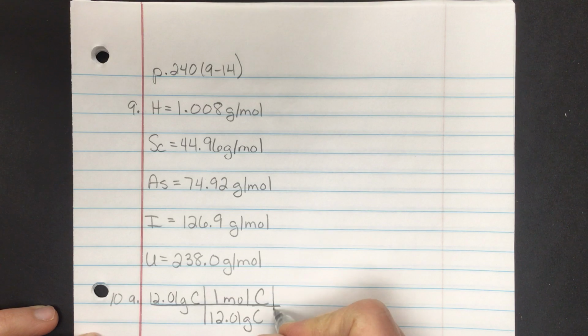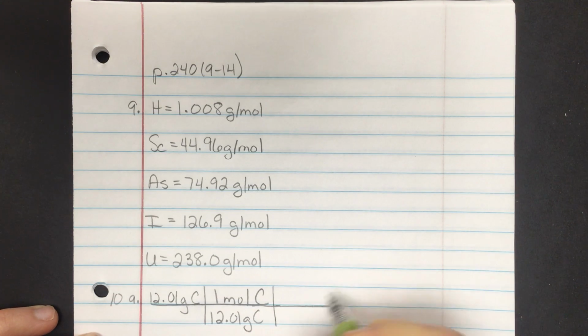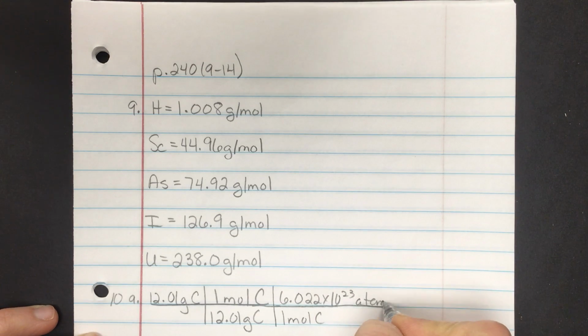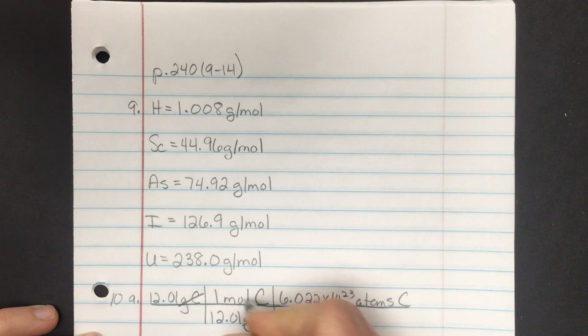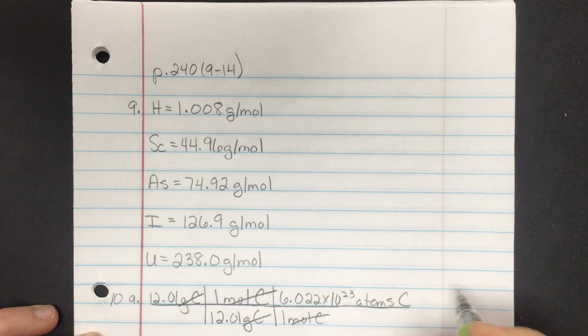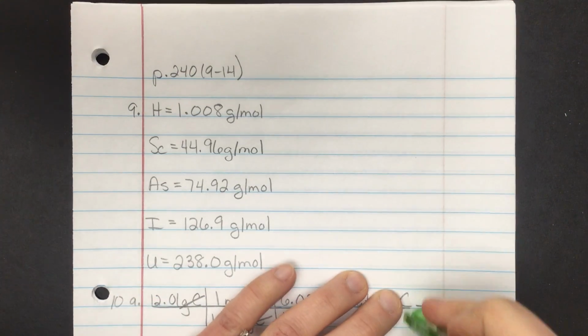But I want to get to the number of atoms, and I know that 1 mole of carbon contains 6.022 times 10 to the 23rd atoms of carbon. I go through, my units all cancel. I'm left with atoms of carbon.